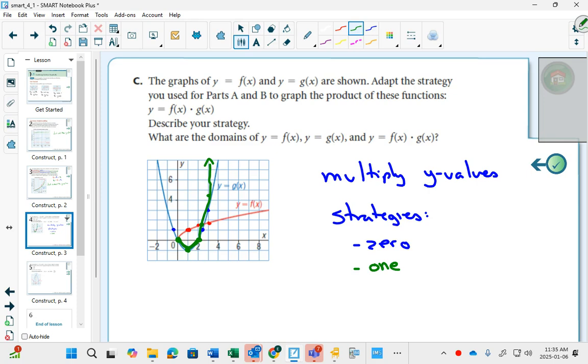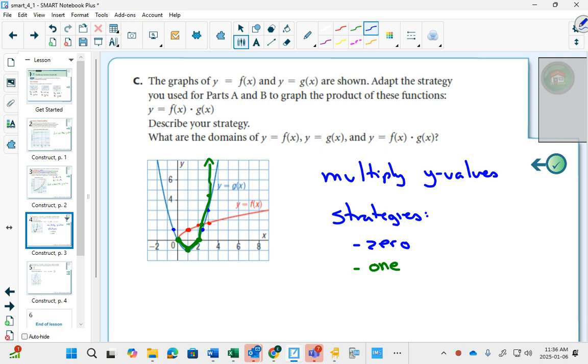It's a little bit harder to visualize the multiplying because it's a little bit more complicated there. But definitely use zeros and ones, and any other values that you can multiply, because you're just multiplying the y values. And it's just more mental math to sort of figure out where it's going to be after that.